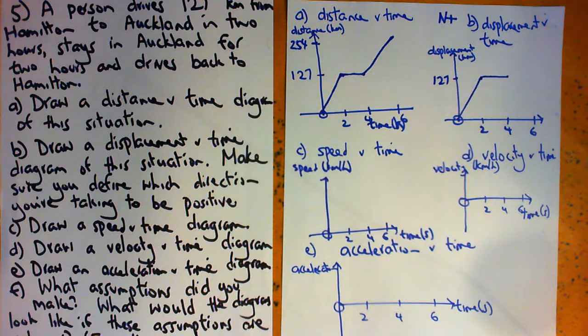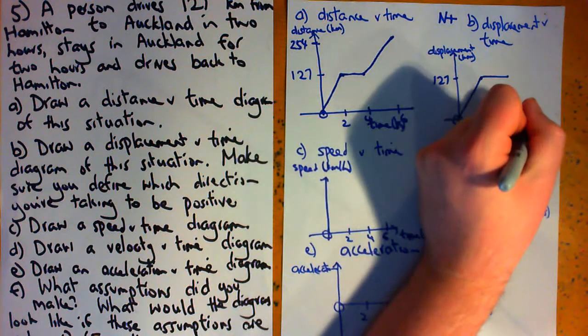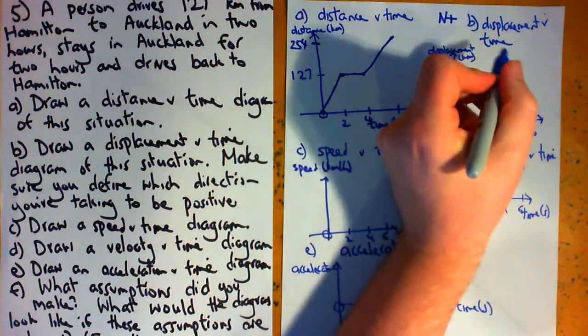Now, after the 4 hour mark, they begin the return journey. So that is going to be a negative displacement. They are travelling in the negative direction. They are returning back to the starting point. So the displacement at the 6 hour mark will be 0 because they're going to end up back where we started.